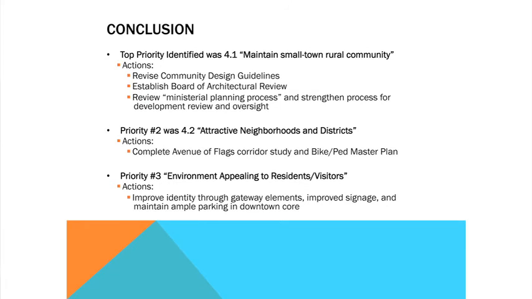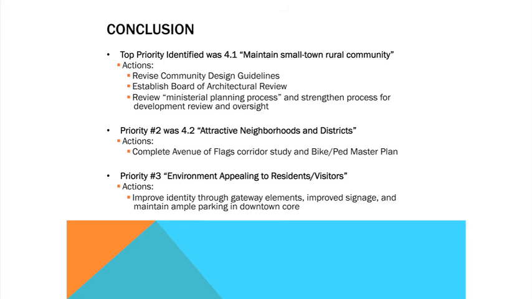So just in conclusion, I wanted to reinforce the fact that under priority 4.1, we really strongly felt that this rose to the top, that maintaining our small town and rural community was very important, and the backbone of that is really getting those design guidelines in place, getting that Board of Architectural Review, the design committee in place, and looking at our planning process from a number of different perspectives that are outlined in our work plan and the modifications that we made.